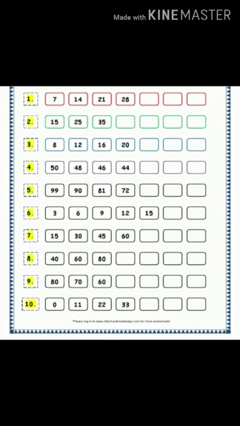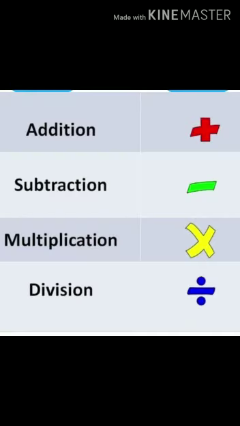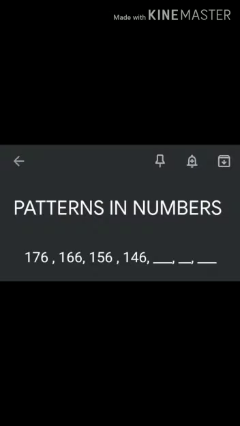Did you know that patterns can be described by rules? The rules can be addition, subtraction, multiplication, or division. Now we will take one more example. Here are numbers 176, 166, 156, 146.